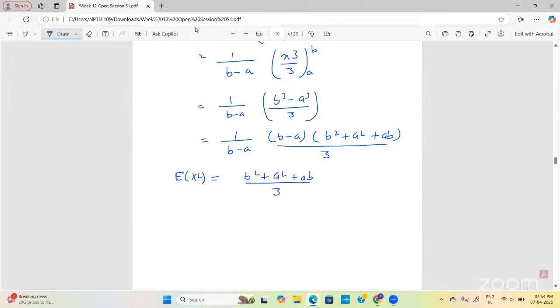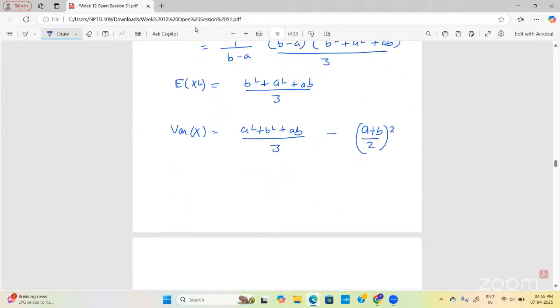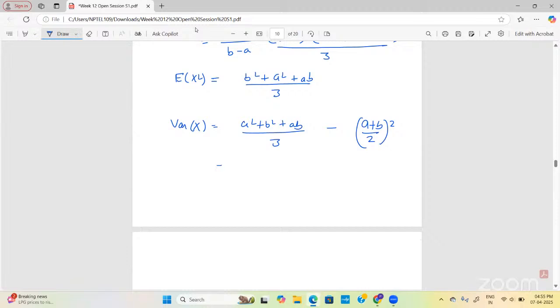Okay, now just put the value and you can find the variance of x. So expectation of x square is A square plus B square plus AB divided by 3, minus expectation of x whole square, which is A plus B divided by 2 whole square. You can solve these values.